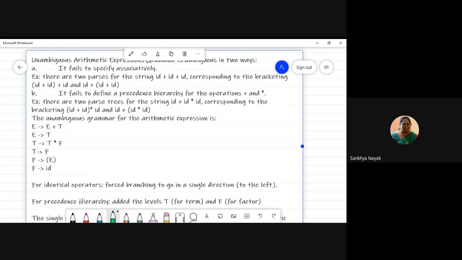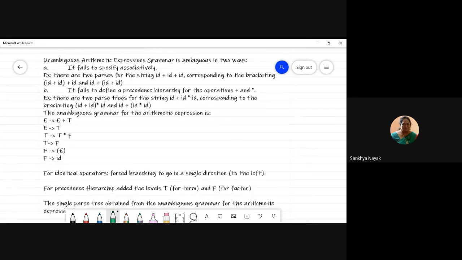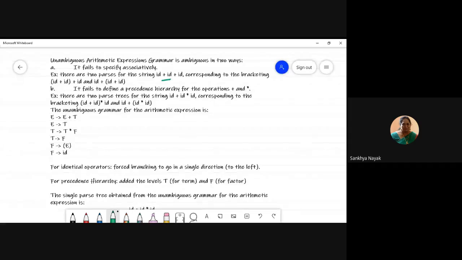So as I was expressing, for ID plus ID plus ID, we might get two trees. E plus E, and then I might expand it like this, and as we know, each E will be expanded to ID, right?